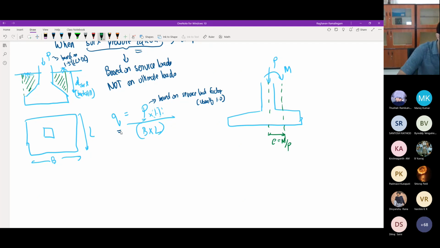Based on this eccentricity, if it was just purely axial load, the pressure on the bottom of your footing would have been a rectangular pressure distribution like this. But when you have this kind of load, you will have a different pressure distribution, which may look something like this.